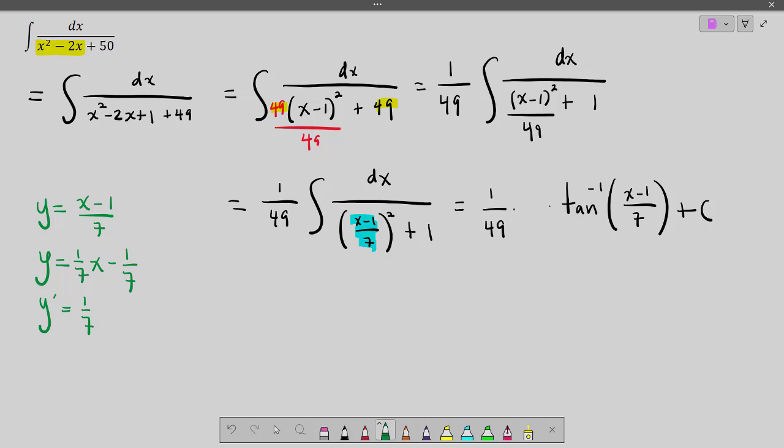So the reverse chain rule says, take the derivative of what's inside the parentheses, divide by 1/7, which will mean multiply by 7 over 1. Reverse chain rule. And so our final answer will be 1/7 multiplied by inverse tangent of x minus 1 over 7 plus c.